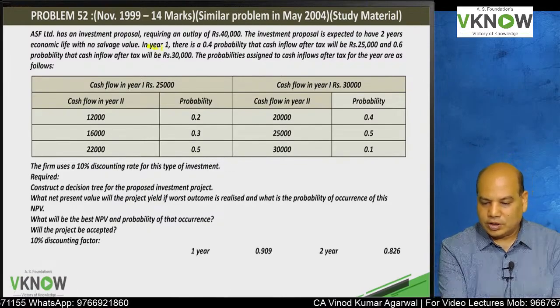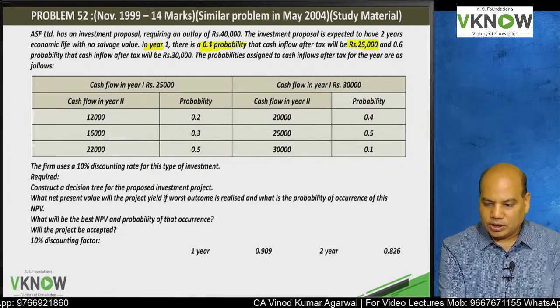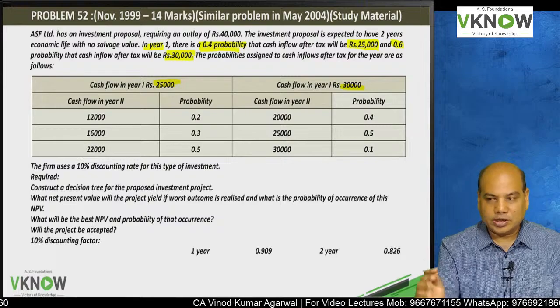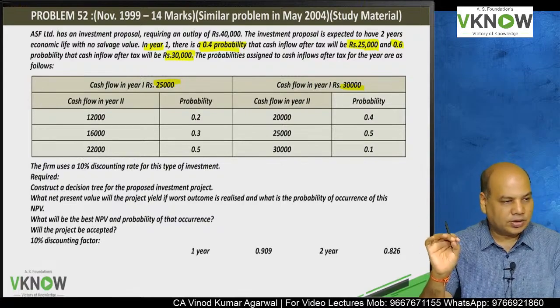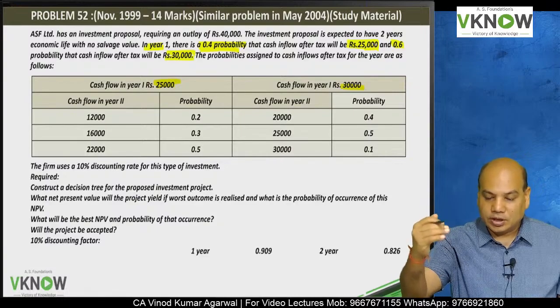So in year 1, we can get 25,000 with 0.4 probability, or we can get 30,000 with 0.6 probability. That means if I start the project, in year 1 there are two possibilities, 25,000 and 30,000.